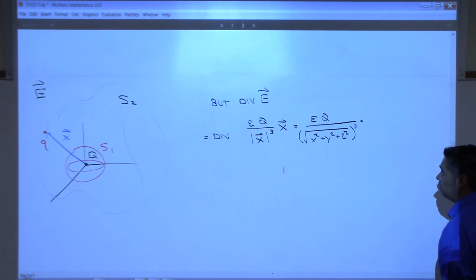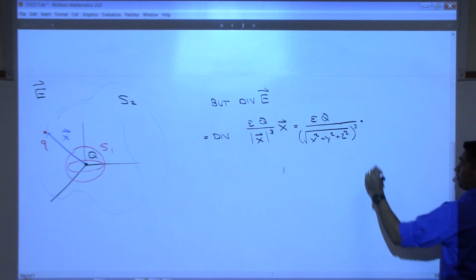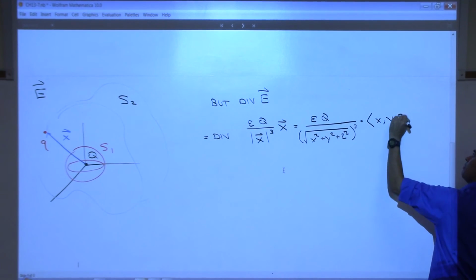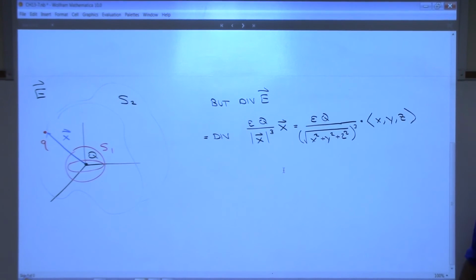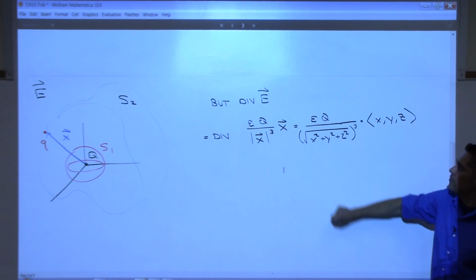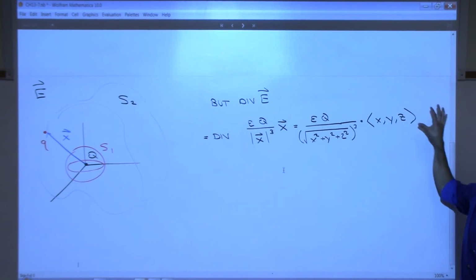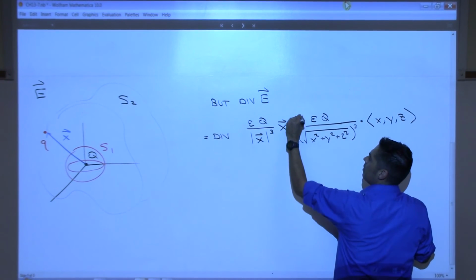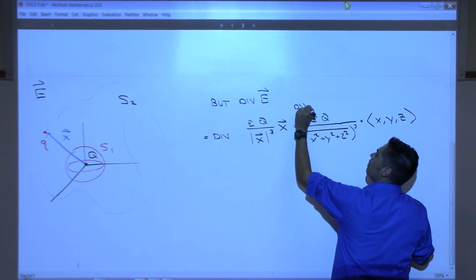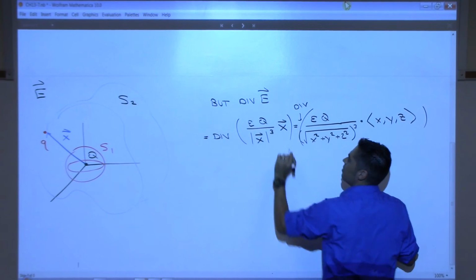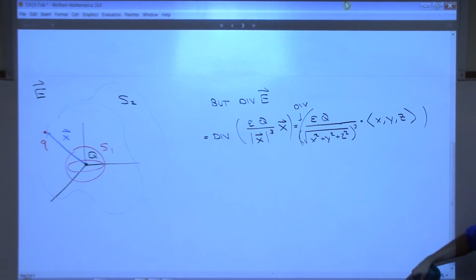Times x, y, z. This is a constant. I multiply it through. I forgot to put my div in here. I haven't taken the div, have I? No. I'm taking the div of this. I'm going to do that as I work through here.